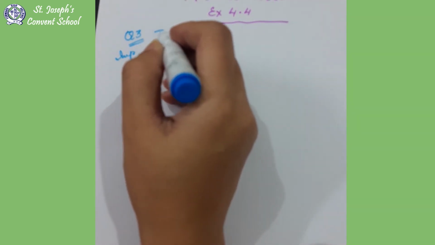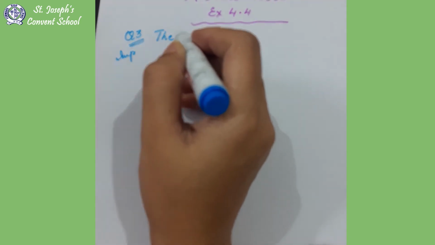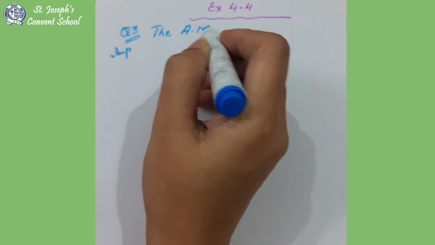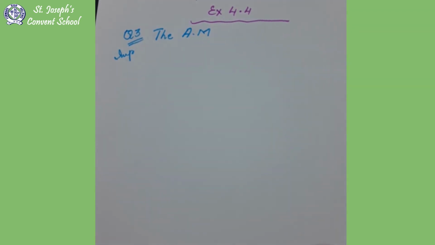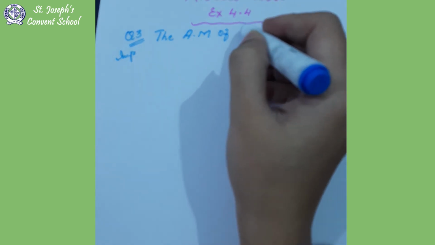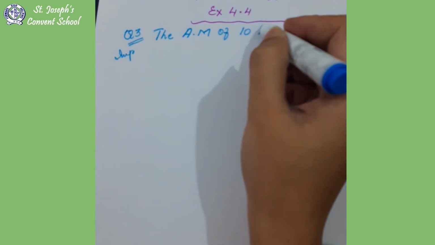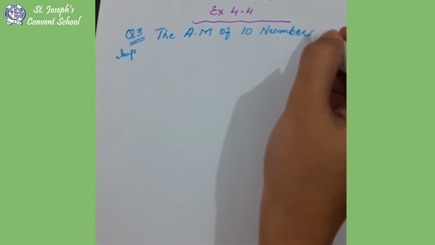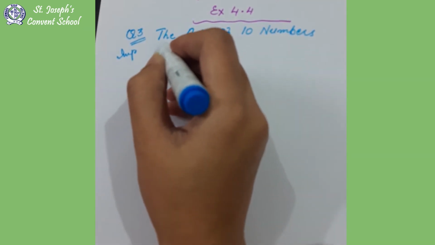So the question is, the arithmetic mean of 10 numbers is 32.